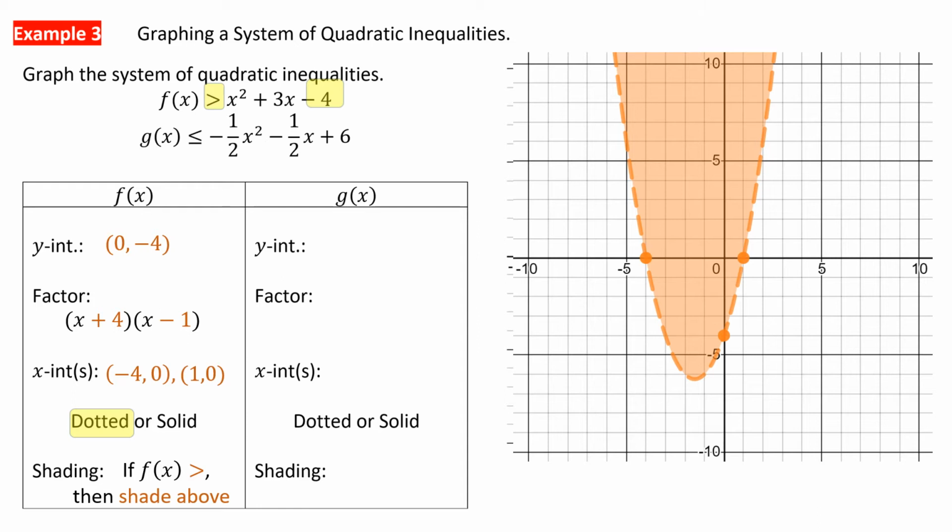Now turning our attention over to g of x, we want to do the same thing again, and we want to find a couple of points to help us graph. I think the constant 6 at the end tells us that we're going to have (0, 6) for a y-intercept.